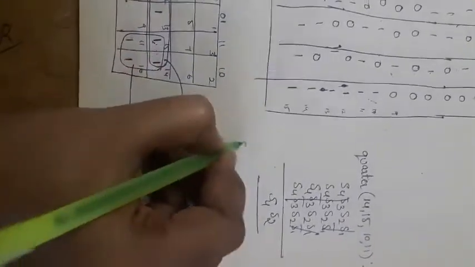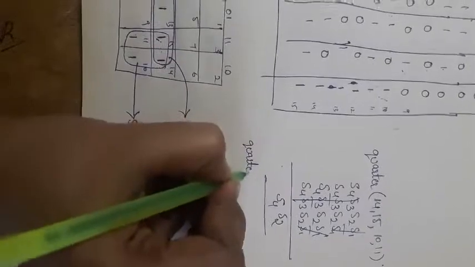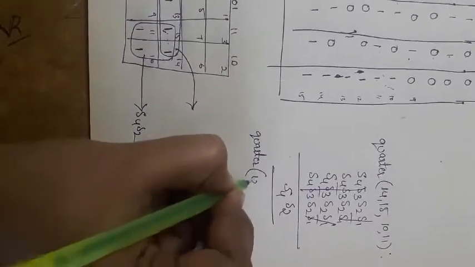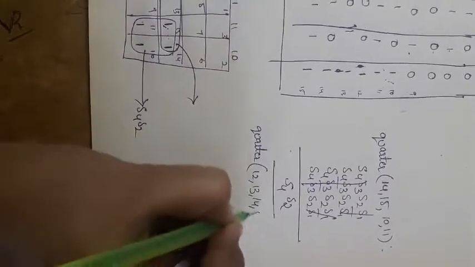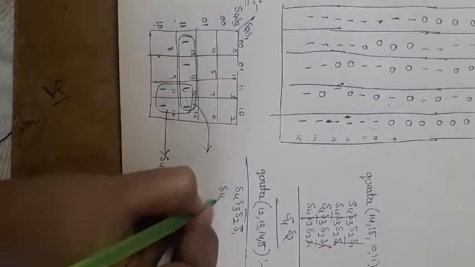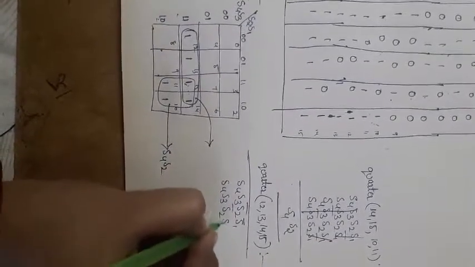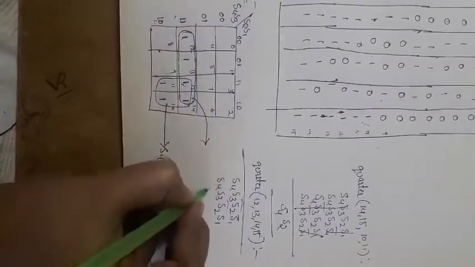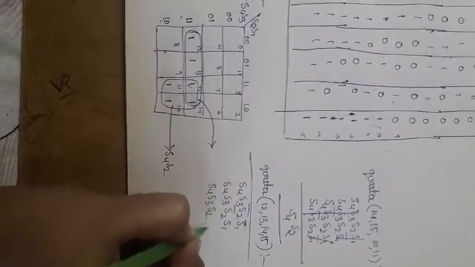Now we'll find the prime implicant for the other quad, cells 12, 13, 14 and 15. For 12, the cell is 1100: S4, S3, S2 complement, S1 complement. Next, S4, S3, S2 complement, S1. Then S4, S3, S2, S1.